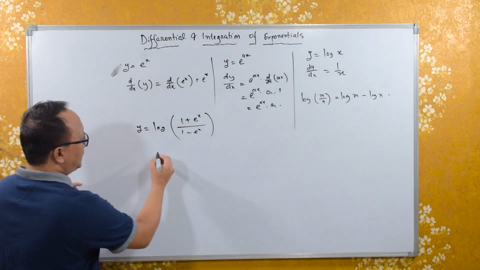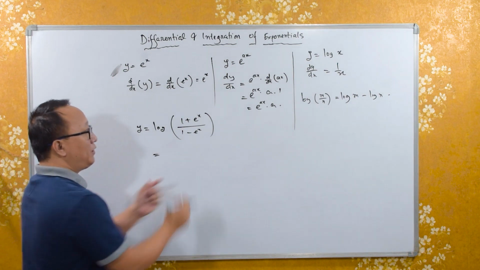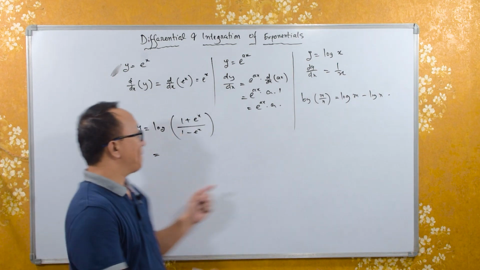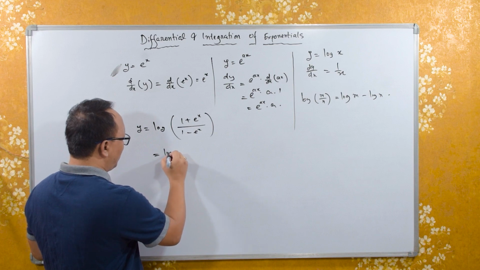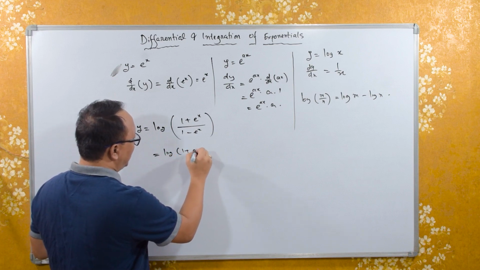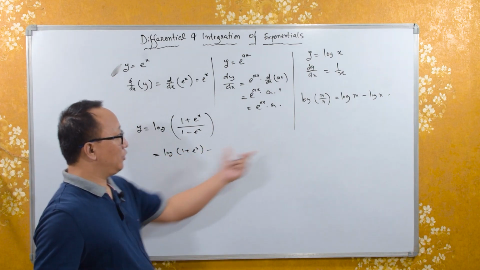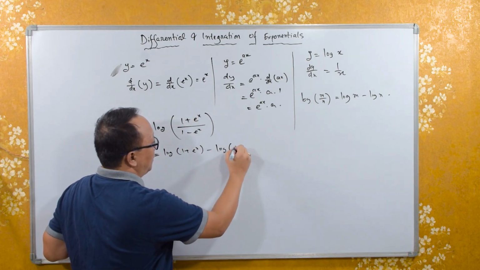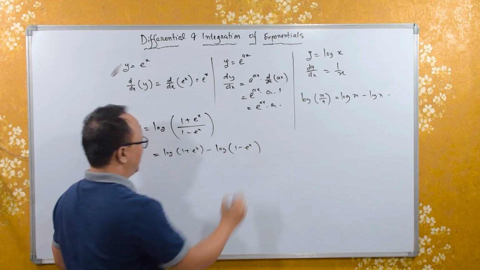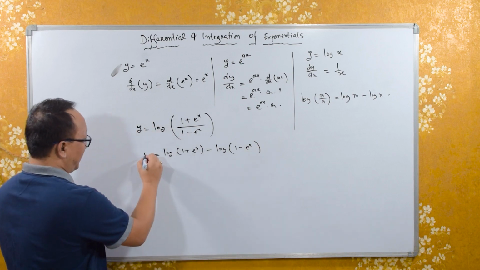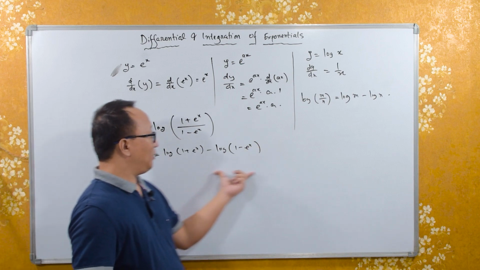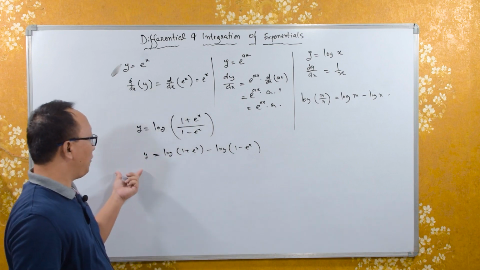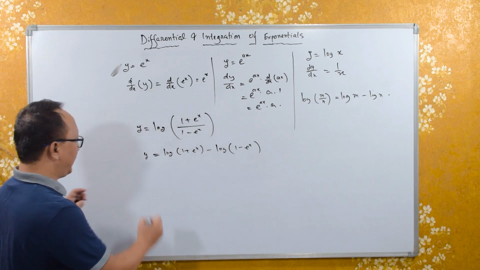So let's try two different ways. Before differentiating this, I can write, by using this log property, y equals log of 1 plus e raised to x minus log of 1 minus e raised to x. Still I have not differentiated it. Now from here I can differentiate with respect to x.